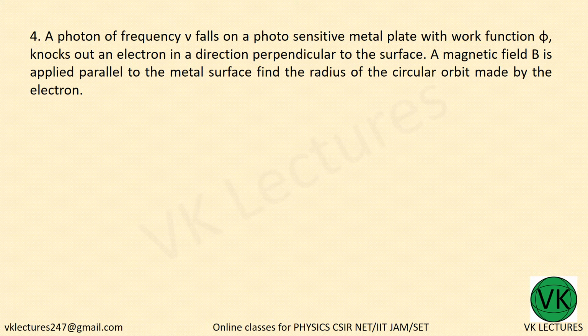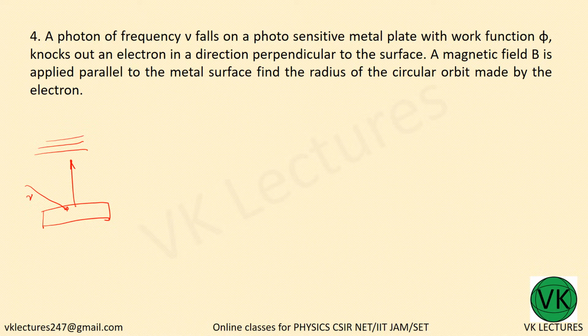One is the photoelectric effect, and another, here you assume there is a metal plate and a photon of energy h nu, or frequency nu, falls on it, and the electron is ejected perpendicularly upward, where there is a magnetic field applied parallel to the metal surface. This is the metal surface. There is a magnetic field applied parallel to this plate.